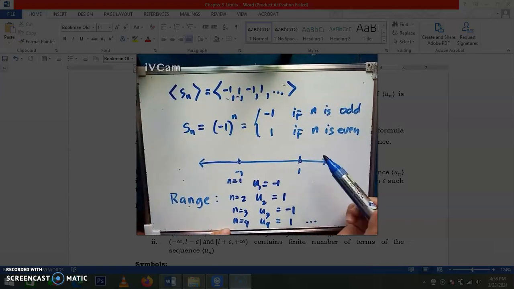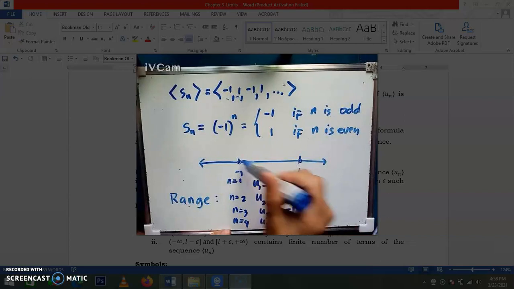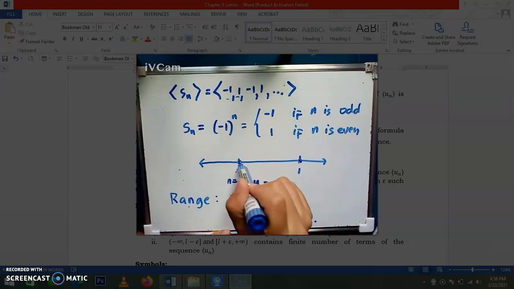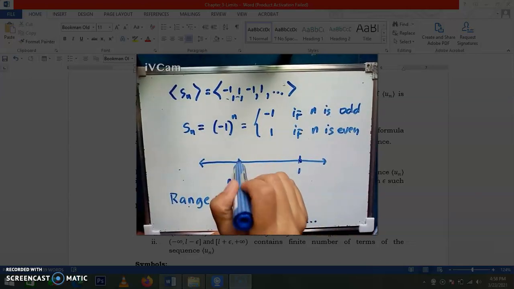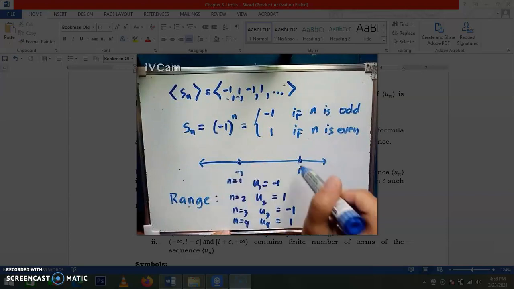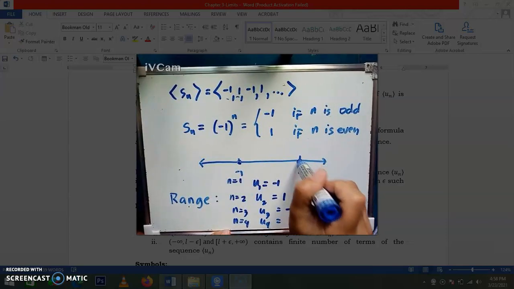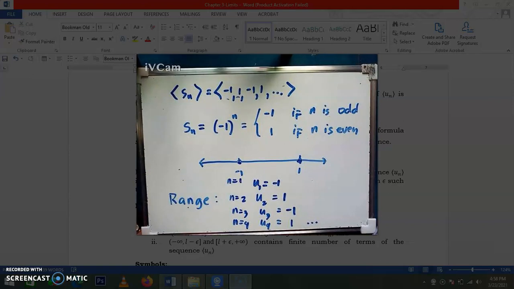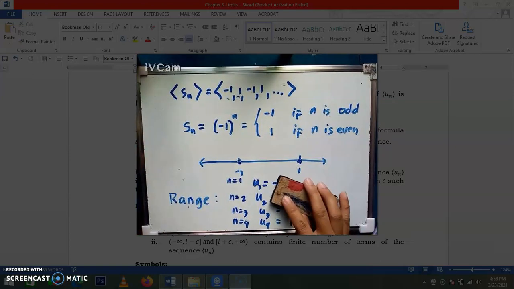So the terms in the sequence are only negative 1 and 1. Take note, there are an infinite number of terms at negative 1, and an infinite number of terms at 1. But let's look at the range of the sequence.